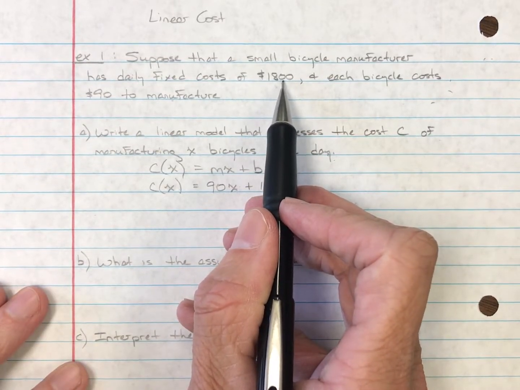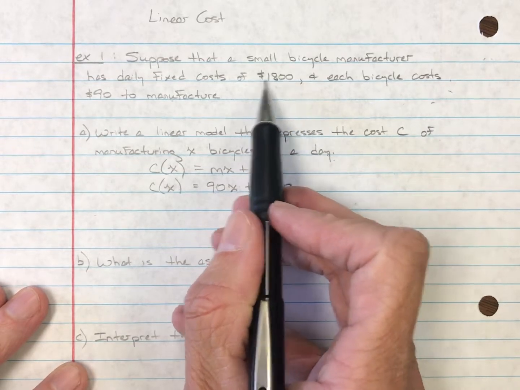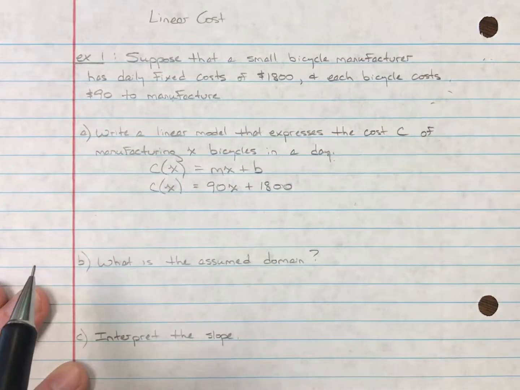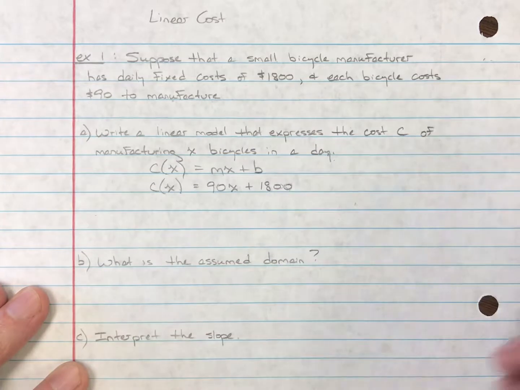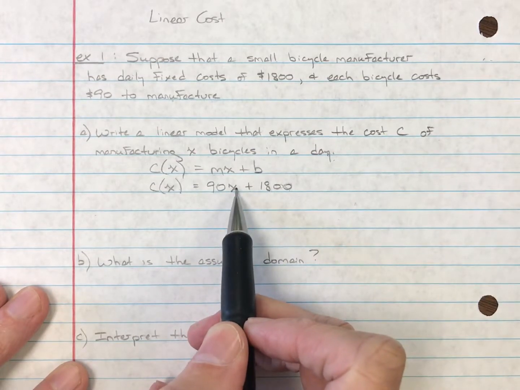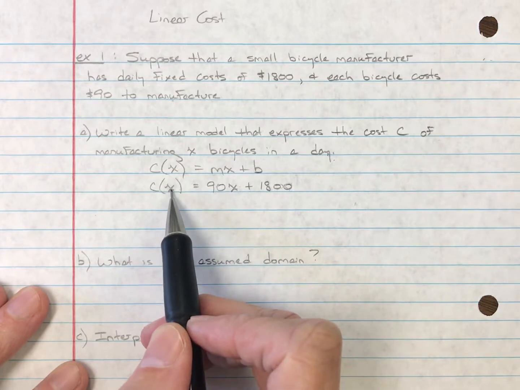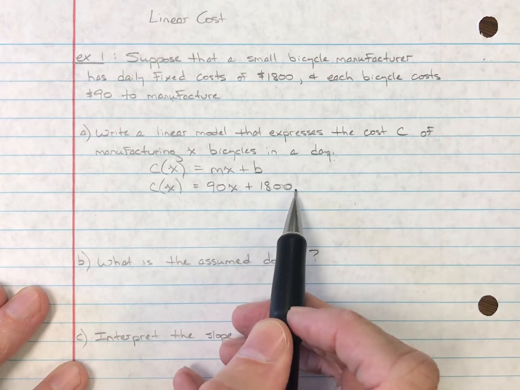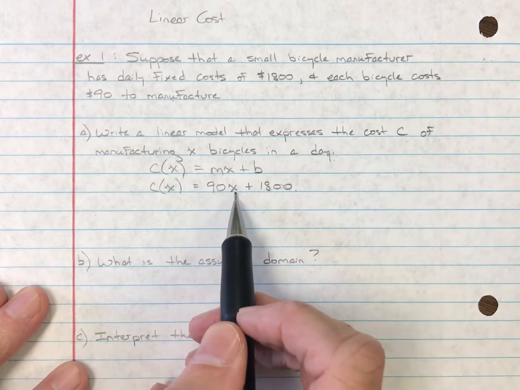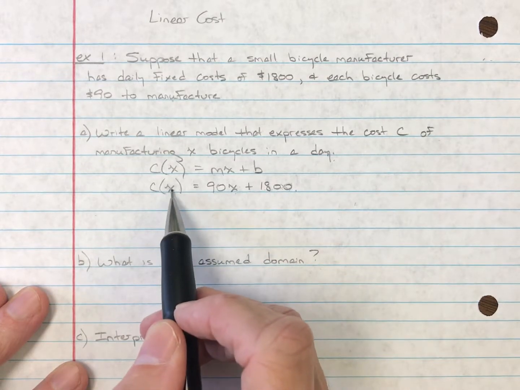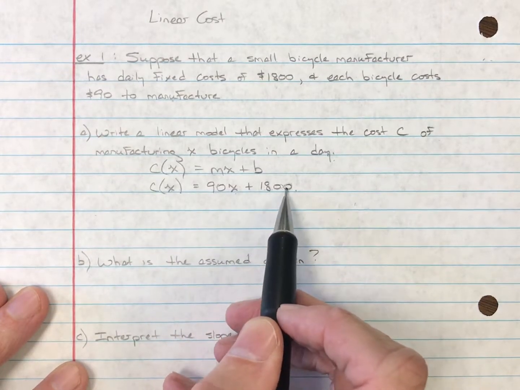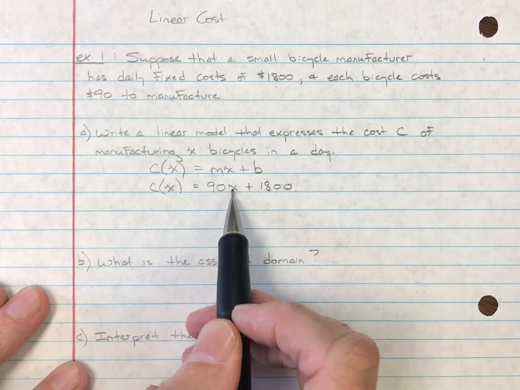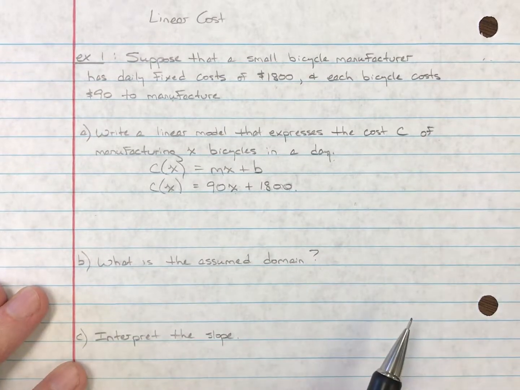If we manufacture no bikes, we still have to pay our fixed costs, okay? And then for every bike we manufacture, it costs an additional $90. So if we manufacture one bike, it's $1,800 plus 90 times 1. If you manufacture 2 bikes, it's $1,800 plus 90 times 2, etc.